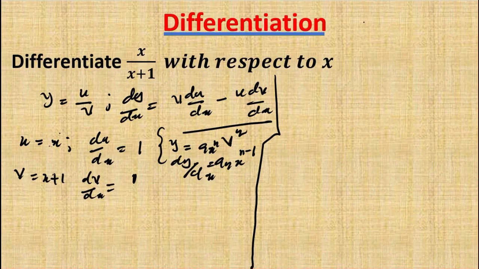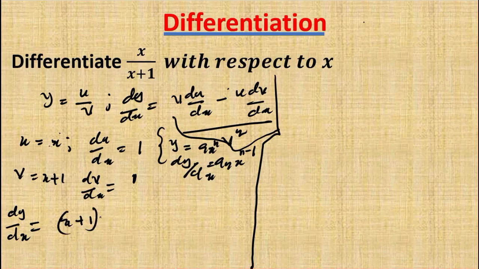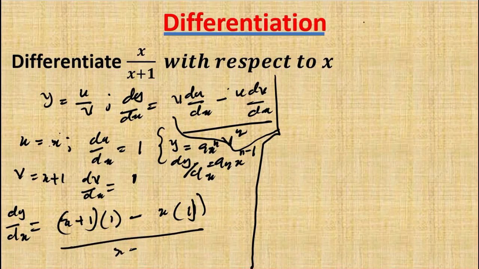Now, given that my dv dx is 1 and du dx is 1, obviously my dy dx will be the same thing as, applying this formula, v, that's x plus 1, into du dx, that's 1, minus u, that's x, into dv dx, that's 1, all over v squared, that's x plus 1, all squared.